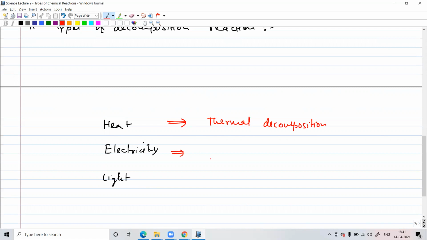When it is because of electricity, it will be called electrolytic decomposition reaction. And when it is because of light, it will be called photo.